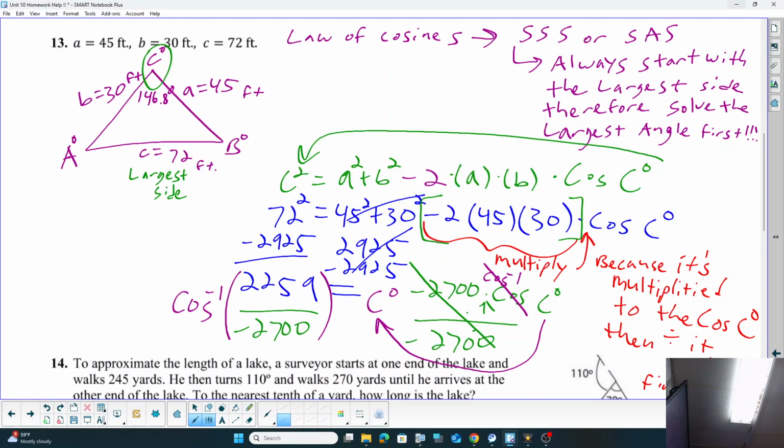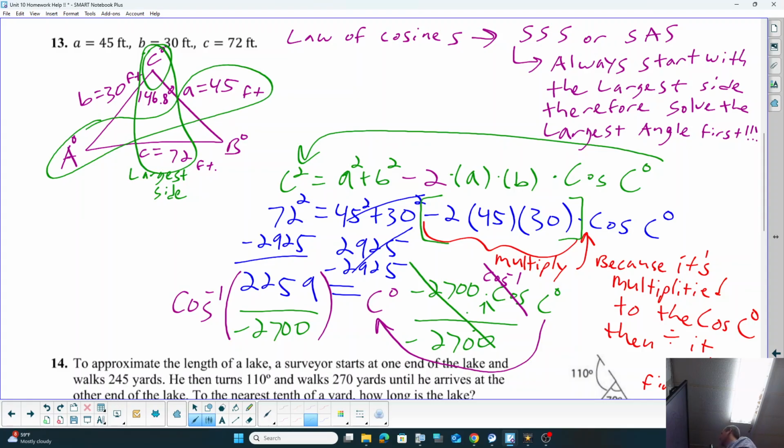Just double check it. Okay, so now that we have an angle and a side, we can use the law of sines now. So we're going to use our angle and our side. And then you can choose A or B, doesn't matter the order, we'll do A if we want. And choose that angle with that side.